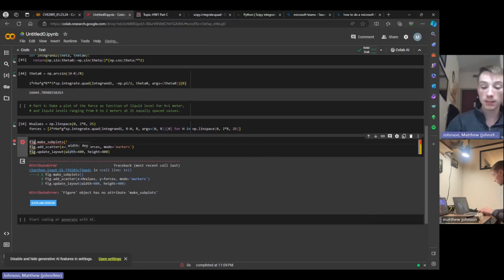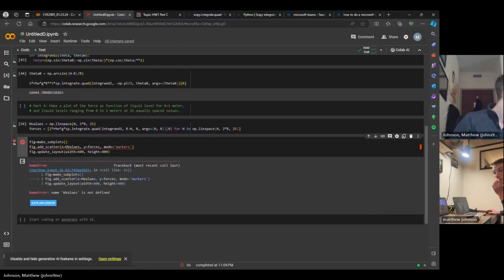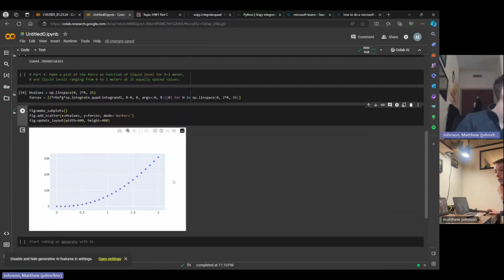Oh, you know, this is supposed to be in size. h values is not defined still. That is because this is a lowercase v, isn't it? Yes. Okay. Oh, and there we go.